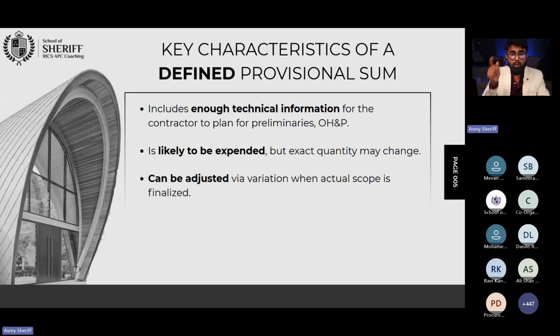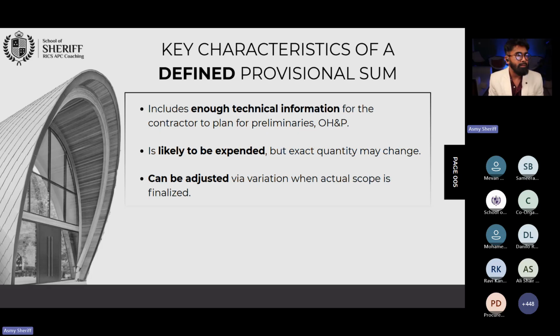And most likely, if the client is giving you enough information, you as a contractor will insert preliminaries. The client knows that if he gives enough information, the contractor will include preliminaries in the contract. Let's say later I decide not to go with it.